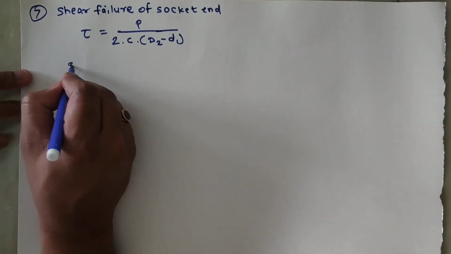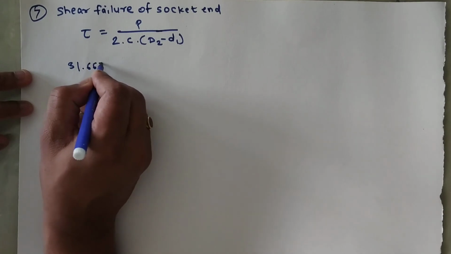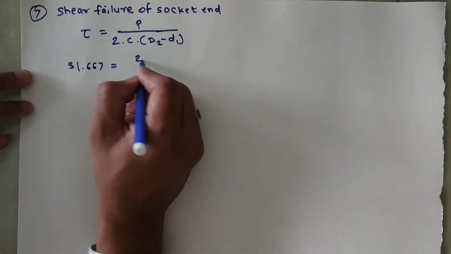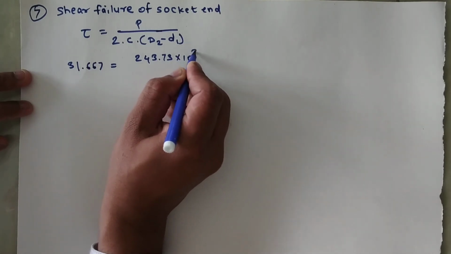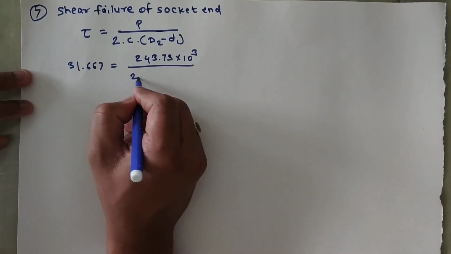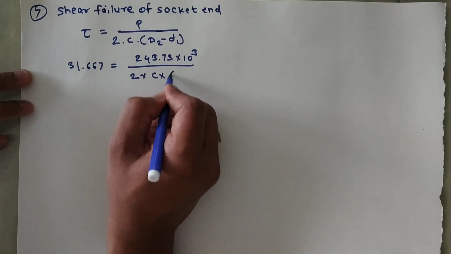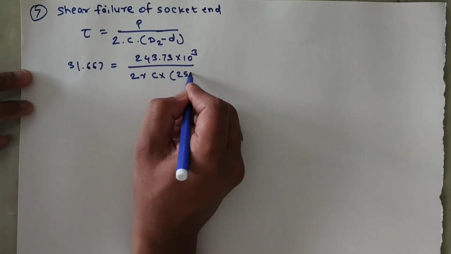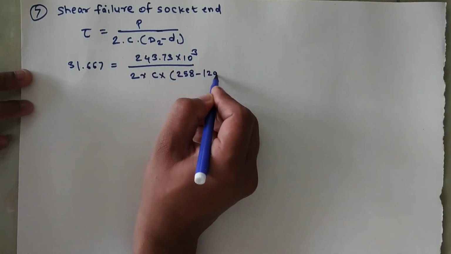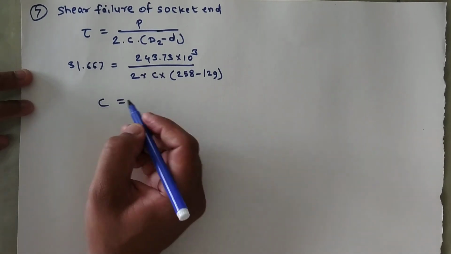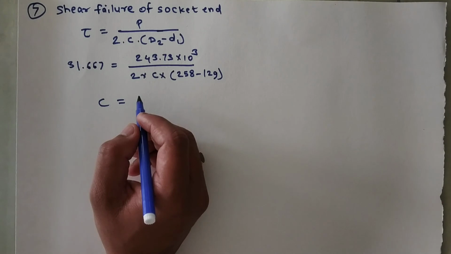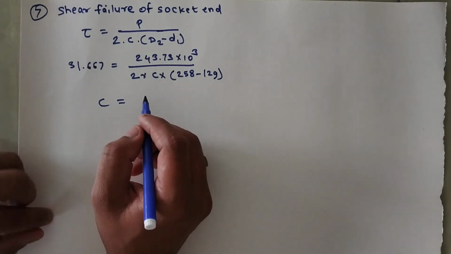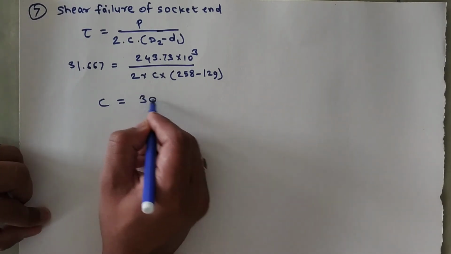We know the tau, it is 31.667 equal to P, which is 243.73 into 10 raised to 3, divided by 2 into C, which is unknown here, into D2 minus D1, that is 258 minus 129. We get the value of C, the thickness of the socket collar beyond the slot, as 30 mm.